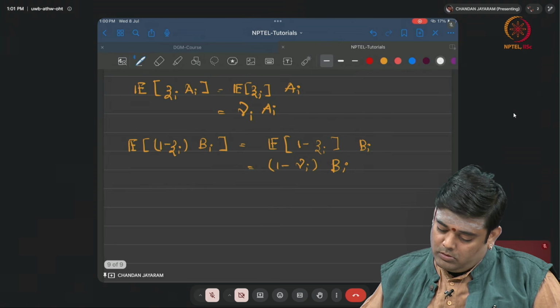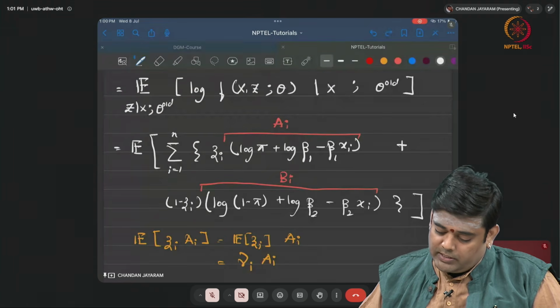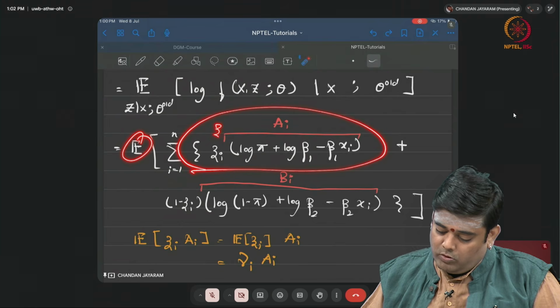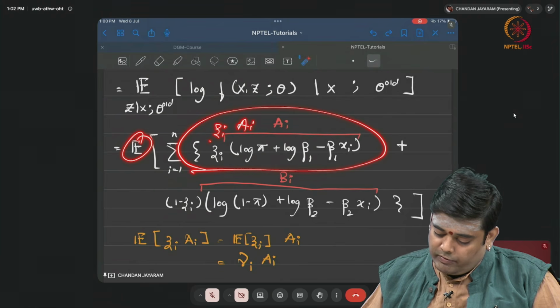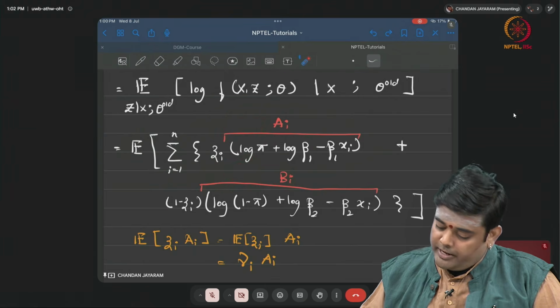Now you take this expectation inside. For each term of this whole thing, this is zi into ai. So it will be coefficient into ai, and 1 minus the coefficient into bi is what you will get. Okay.